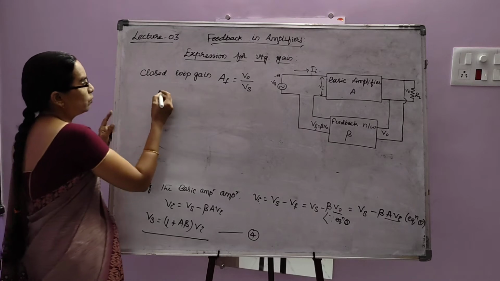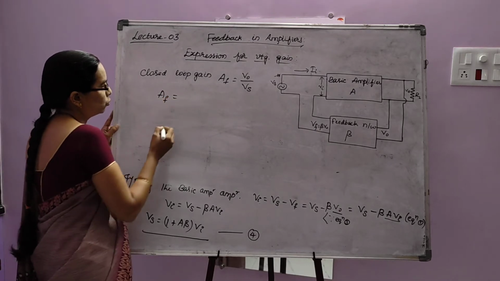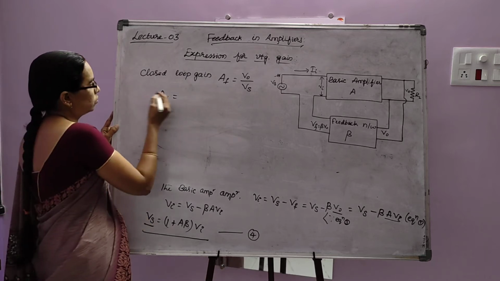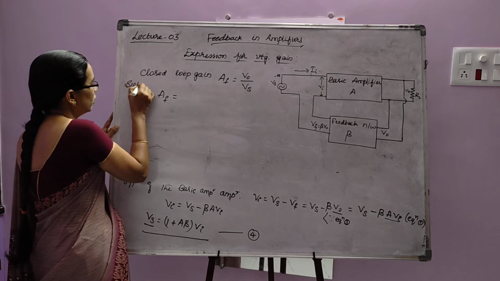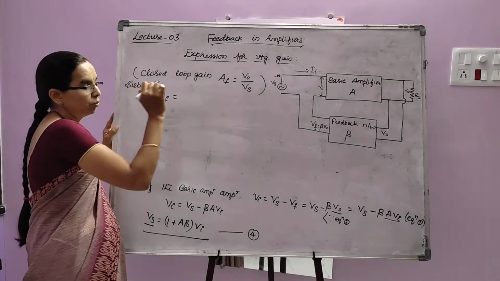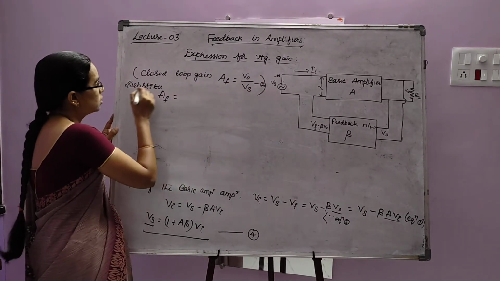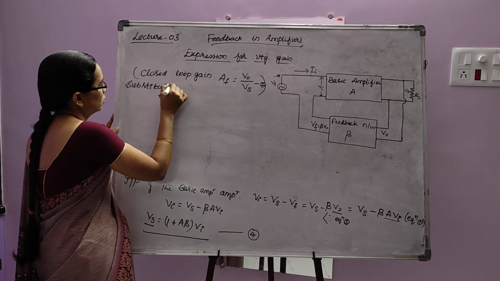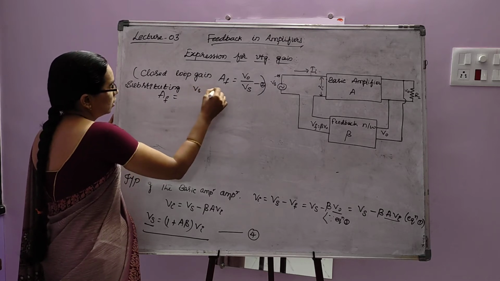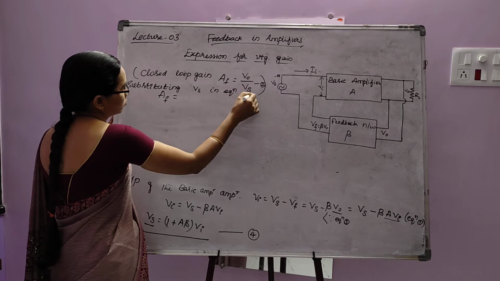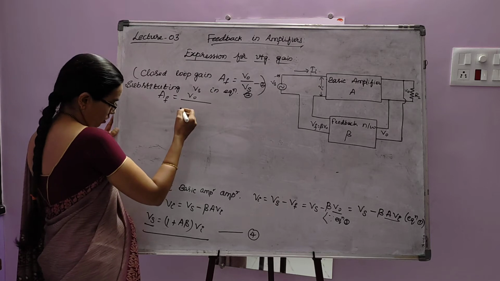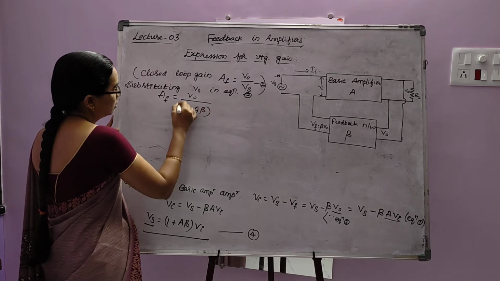So from equation 2, substituting the Vs in equation 2, don't write this, this is already there in your book, V naught by Vs is equal to 1 plus A beta into Vi.